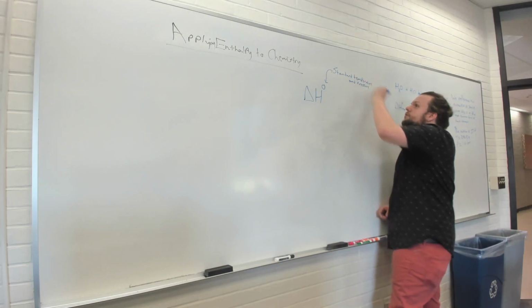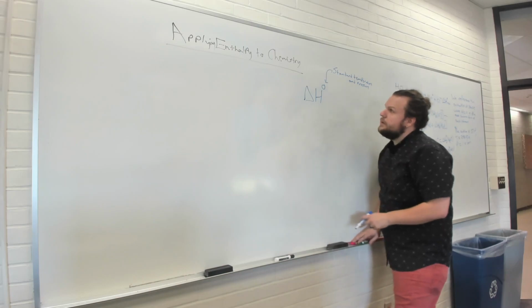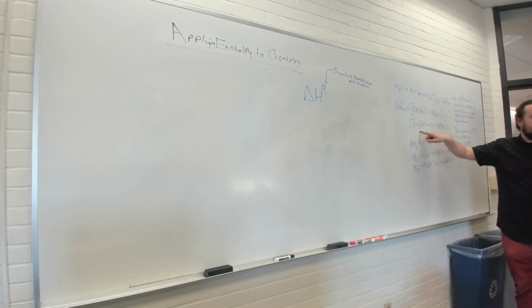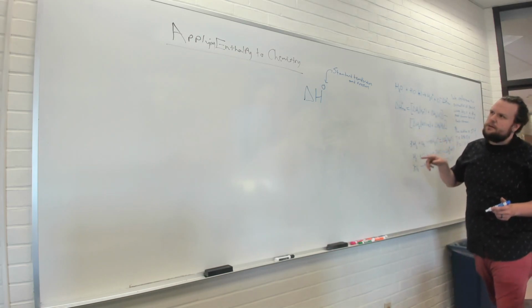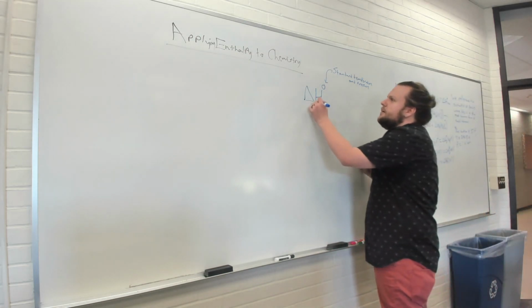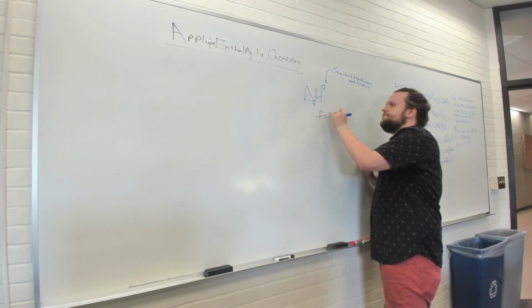A little circle. And then sometimes there's often a subscript here. Now, if you notice, I put the subscript after the H. But in fact, that's not the proper notation anymore. You put the subscript after the delta. This F is equal to formation.